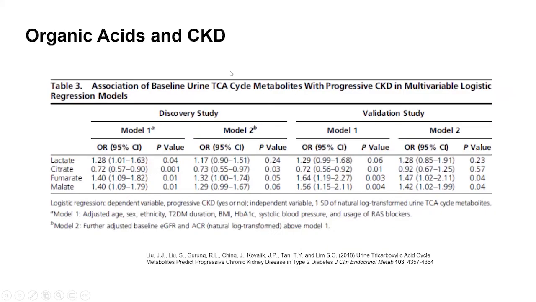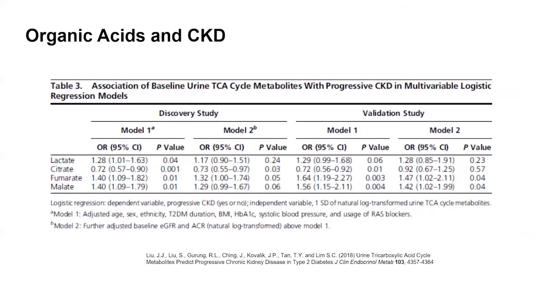Now, these organic acidurias are important for people who have very dramatic perturbations in these metabolic pathways. But it's possible that you can also see changes in urine organic acids when you have mild changes that don't make you very, very sick, like show up near death in the hospital, but perhaps contribute to disease. So this is a table from a paper done by our good friends and colleagues from Khoo Teck Puat Hospital here in Singapore.